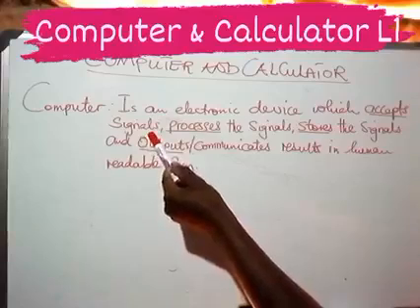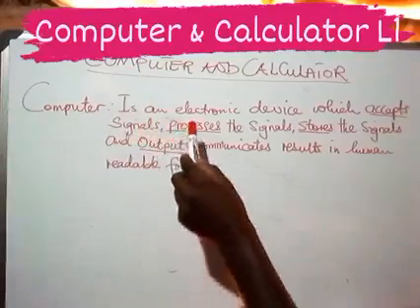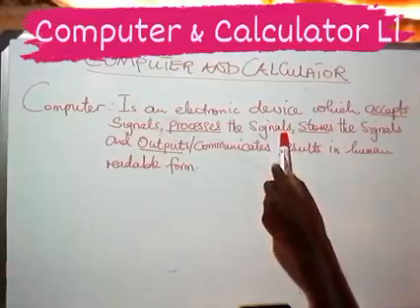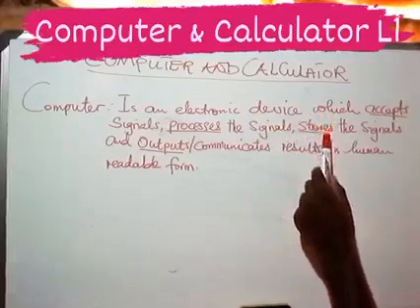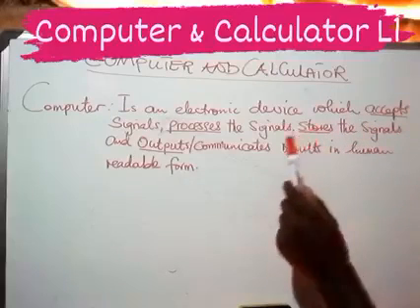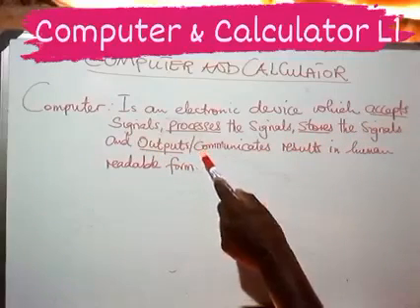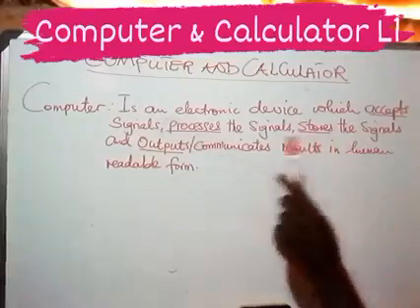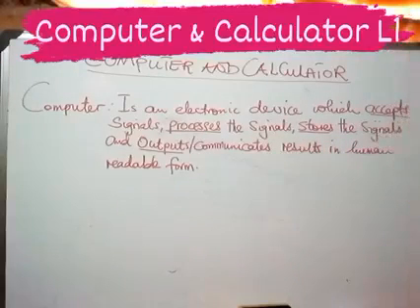Then after accepting the signals, it processes the signals. Then after processing, it can also store the signals. It can also output, so communicates results in a humanly readable form. So this is what a computer can do.